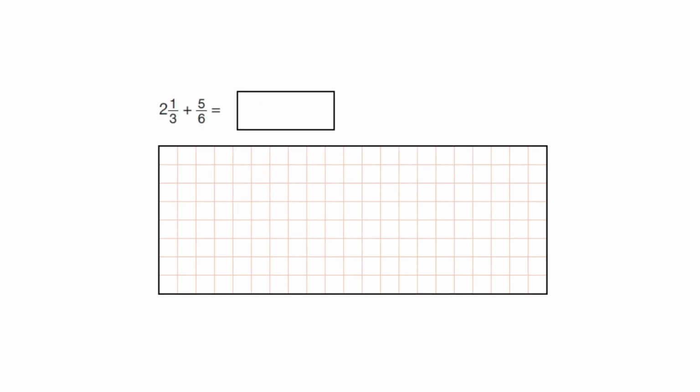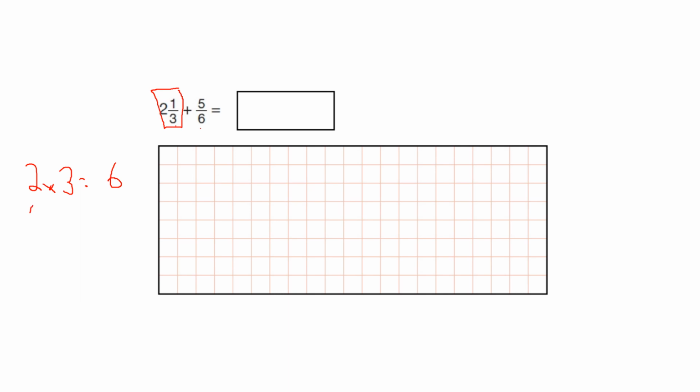Okay, so looking at a slightly more challenging question. So I've got here two fractions, the denominators aren't the same, and I've got a mixed number. Now I'm firstly going to work with my mixed number because I don't want to leave it as a mixed number. So to change my mixed number into an improper fraction, I'm going to go 2, the whole number, times the denominator, which equals 6.